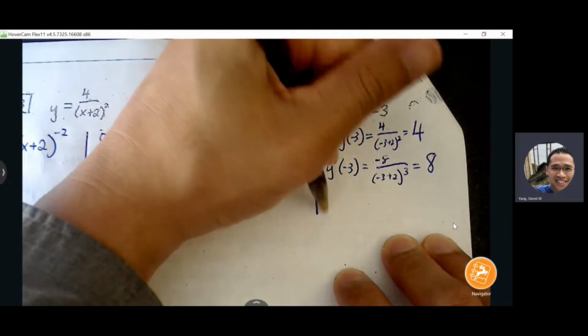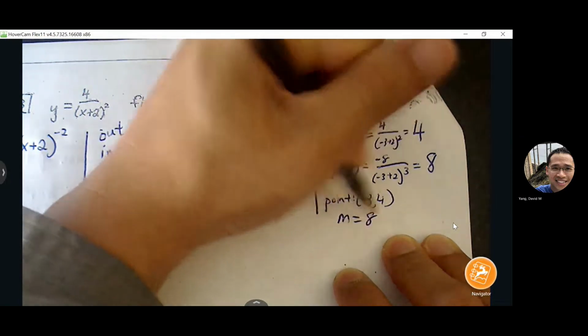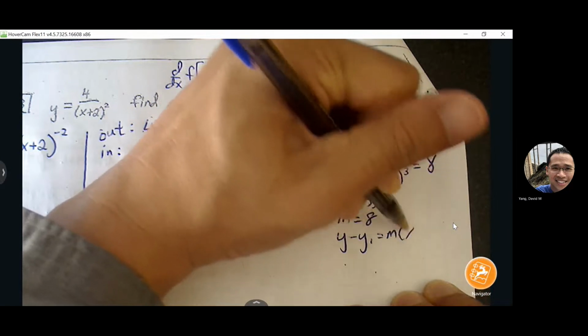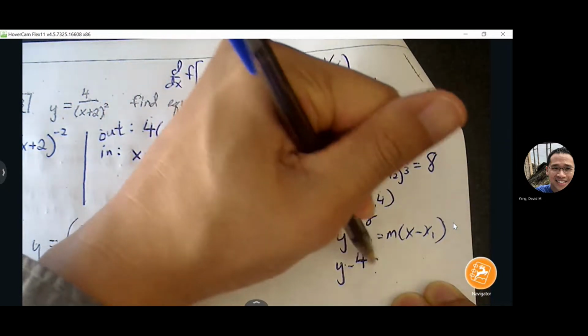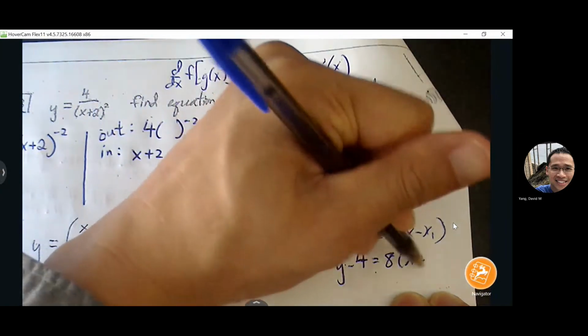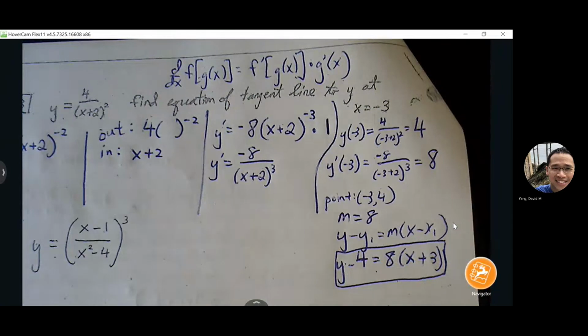We should be able to get our point-slope formula. Any questions here?